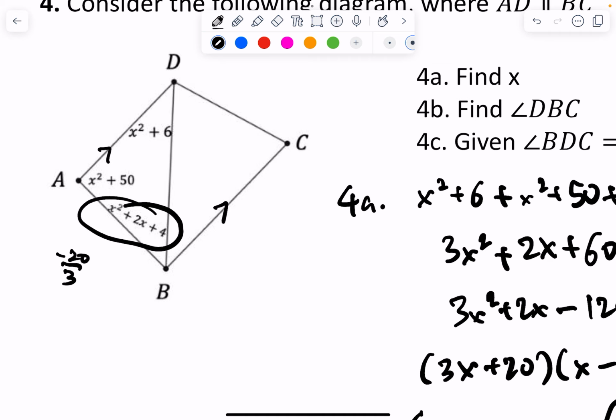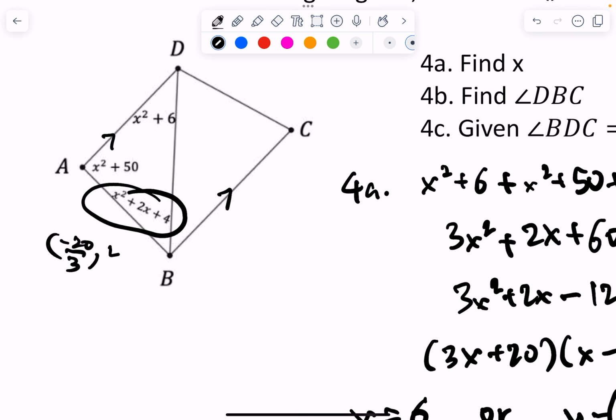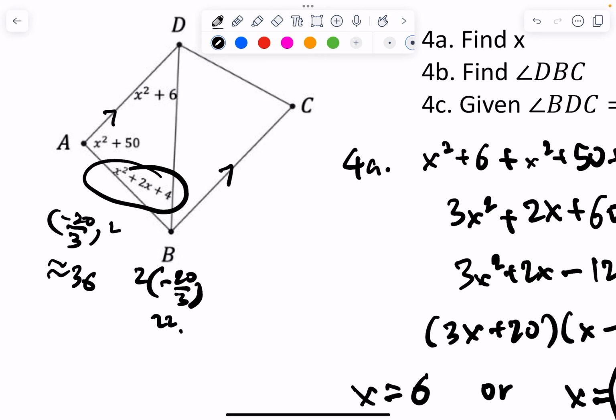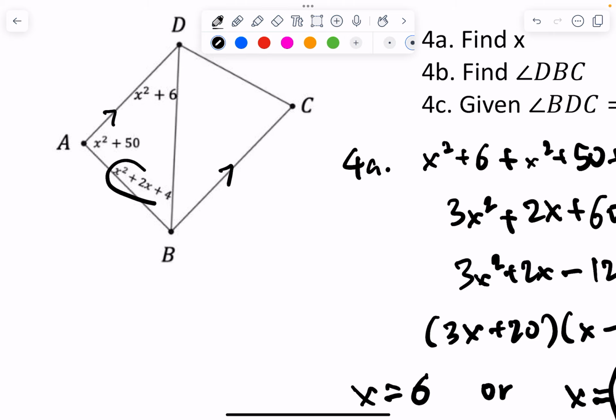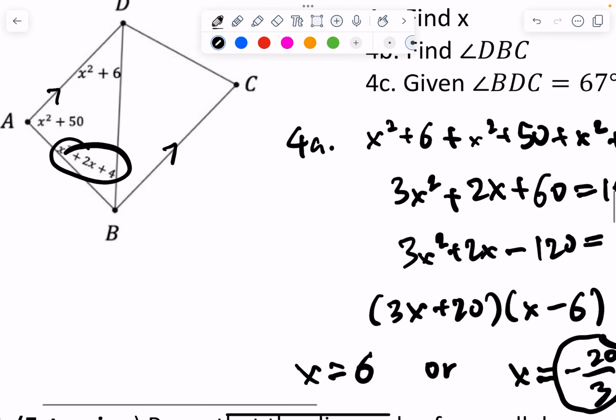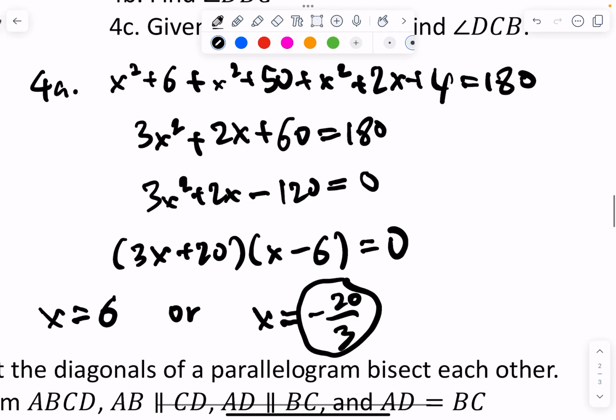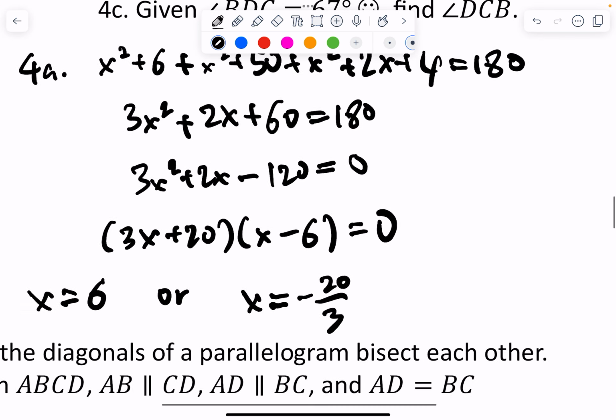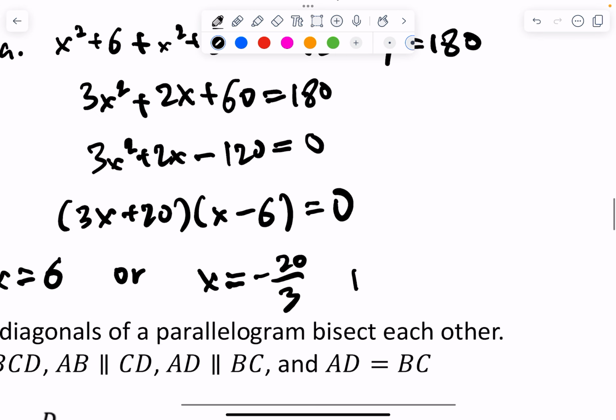Negative 20 over 3 squared is positive, approximately 36. This is approximately negative 13, and this is positive 4. So this angle would also be positive, right? So in this case, x equals negative 20 over 3 is not extraneous. So both solutions are not extraneous.